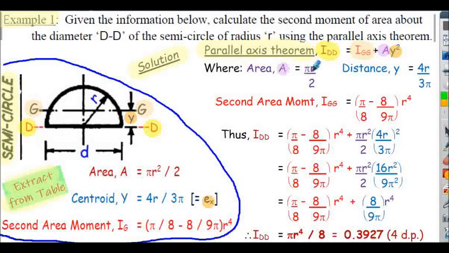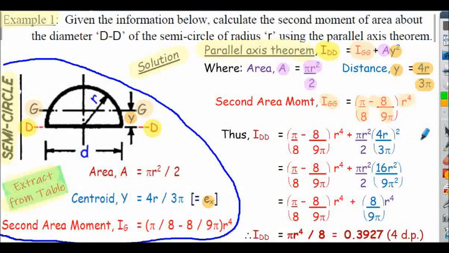So we're given from the table, area is pi r squared divided by 2, distance y is 4r divided by 3 pi, and the second moment area about GG axis is pi upon 8 minus 8 divided by 9 pi multiplied by r to the power of 4.